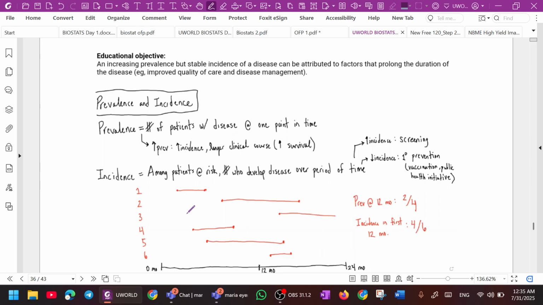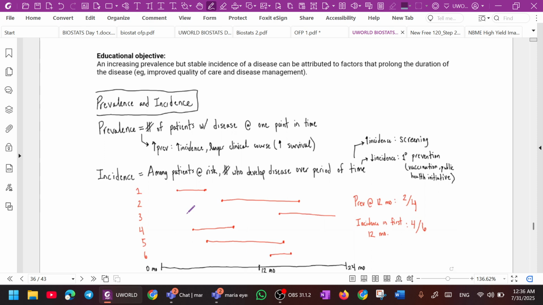Am I saying it right? Yeah, you are saying it right. So from people that don't have the disease, one already has the disease, so I guess we have six people that can develop the disease in this period. All of them can develop it at the beginning of this period.